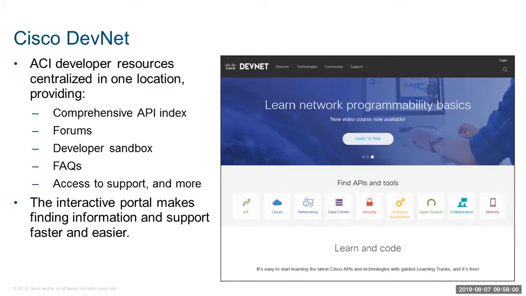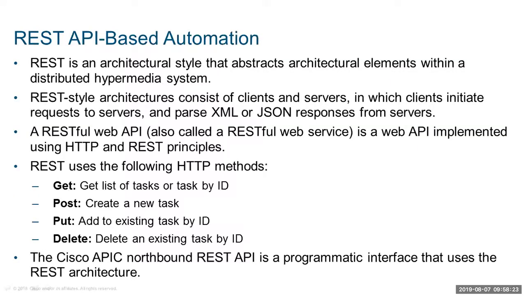You have a lot of tools that you can download. And then if you go to GitHub, that is where you would find a lot of scripts and libraries that are available for ACI. So this portal makes another very handy location for programmability deep dive.